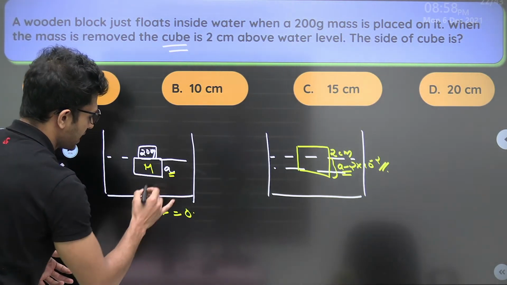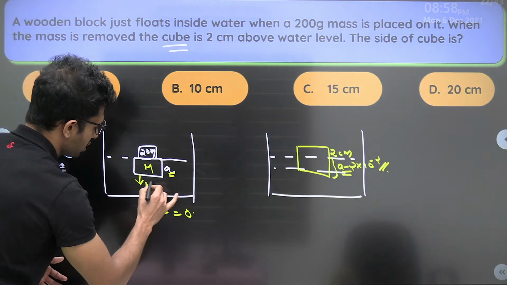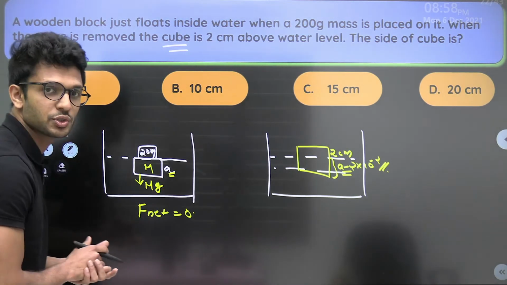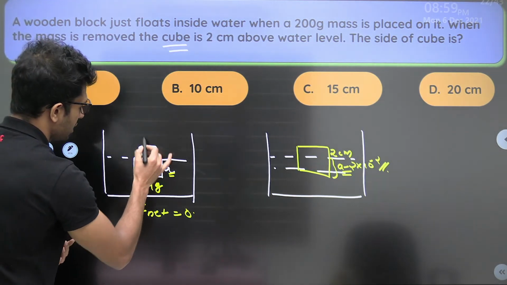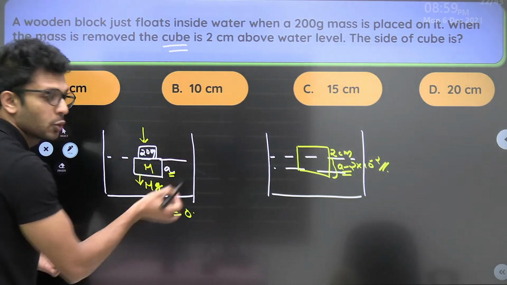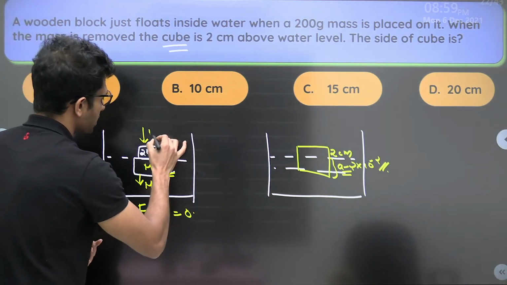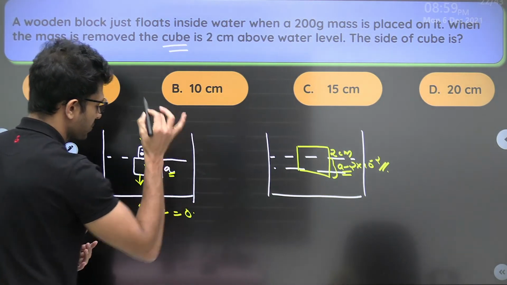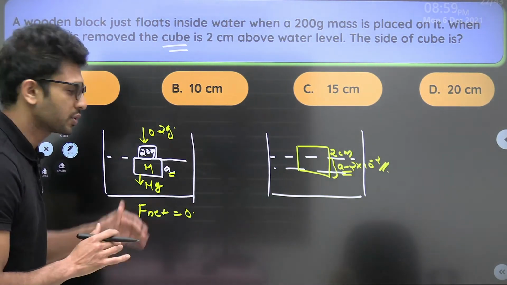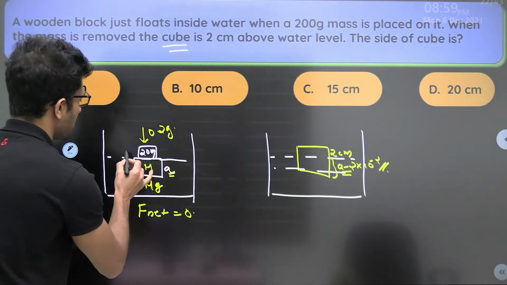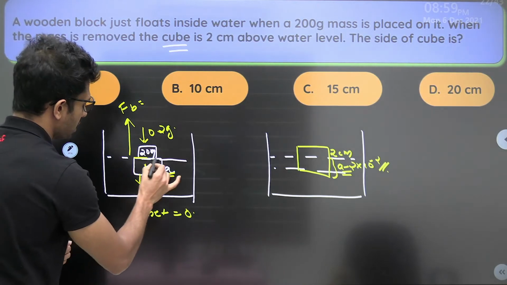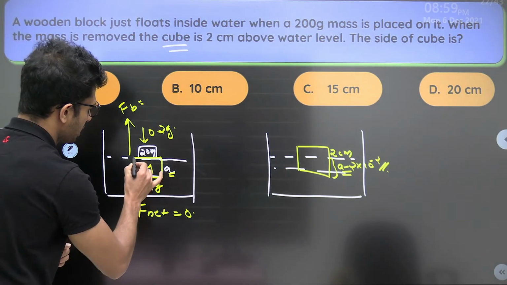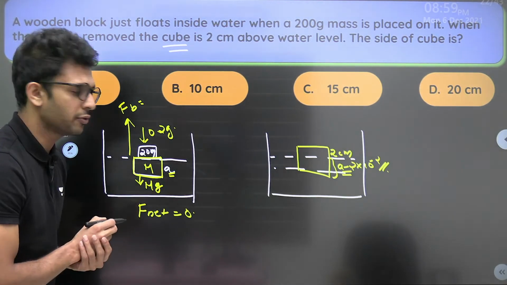If this is having a capital M, there will be a downward force of capital Mg, right? And if this is 200 grams, it will be having a downward weight, 200 gram means 0.2 kilogram into g. That is also a downward force. These are the two downward forces. Upward force is the buoyant force.